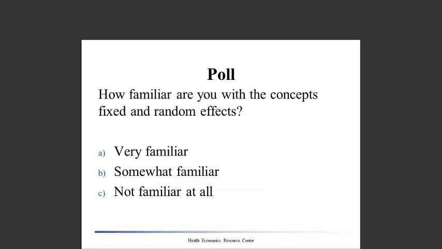So we're going to start with a brief poll, just asking everyone how familiar you are with fixed effects and random effects models. So the choices that we have today are A, very familiar, B, somewhat familiar, C, not familiar at all. And the responses are coming in rather quickly. I'll give it just a few more seconds and then I'll close the poll.